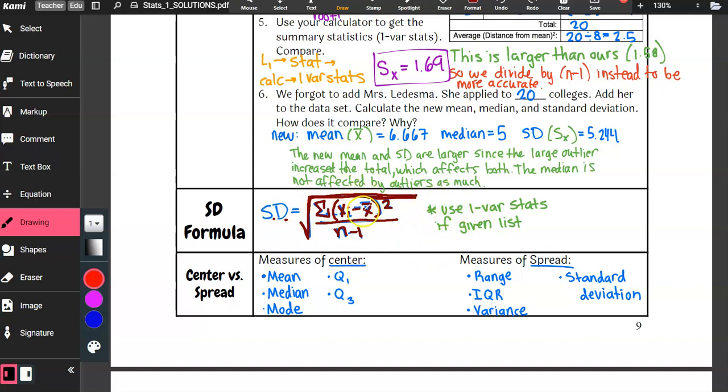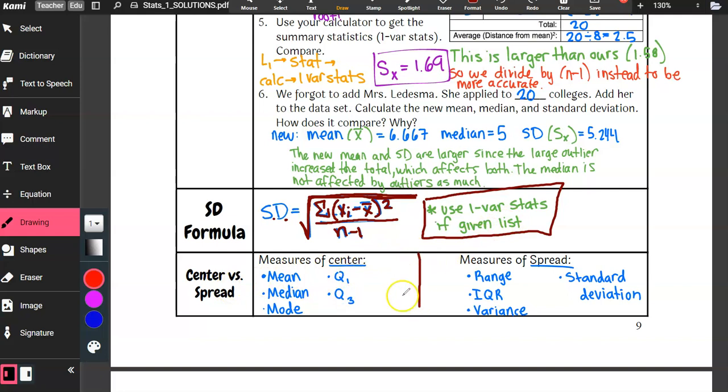This formula, you went through it in the table, so you could see that it's a lot of work doing it by hand, but the calculator and the formula are there to make things better. And remember that we use one variable statistics.